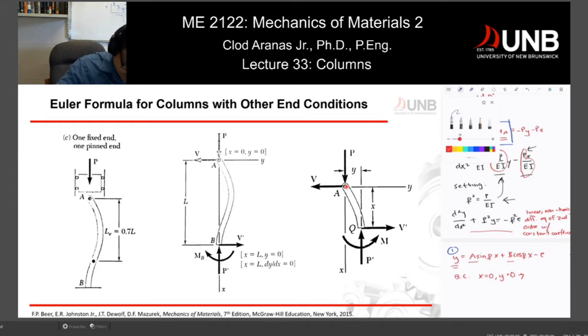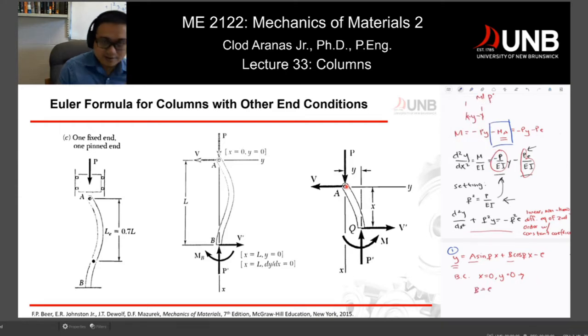And then eventually what you will get here is b is equal to e. How we got b is equal to e: just substitute x, so this would become a sine of 0, and then your y is 0 there. Then you are left with b is equal to e. So that's the value of your b.